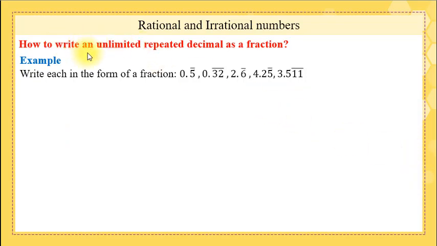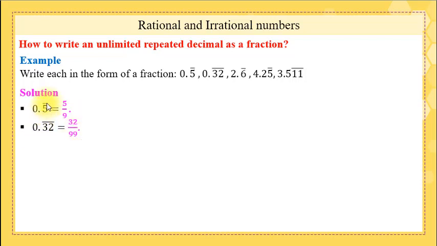How to write an unlimited repeated decimal as a fraction? We have some numbers with a bar in each of them, representing the repetition of the digits. To write each of these numbers as a fraction, we write 0.5 bar as 5 over 9, and 0.32 bar as 32 over 99.